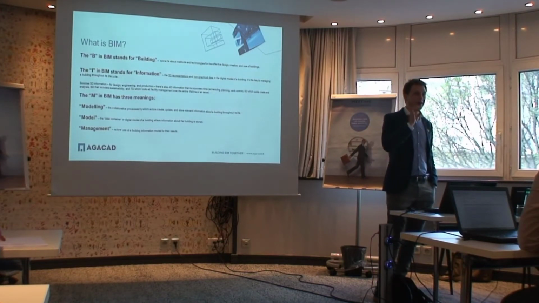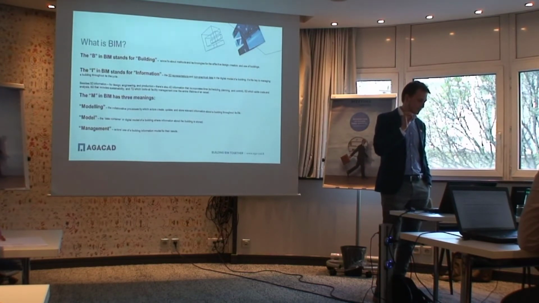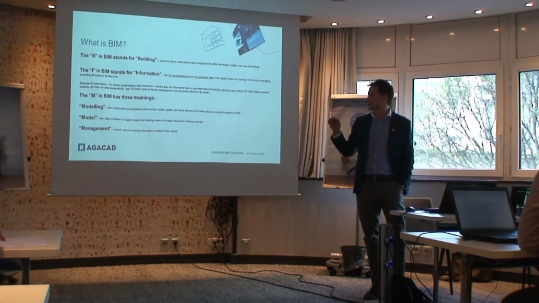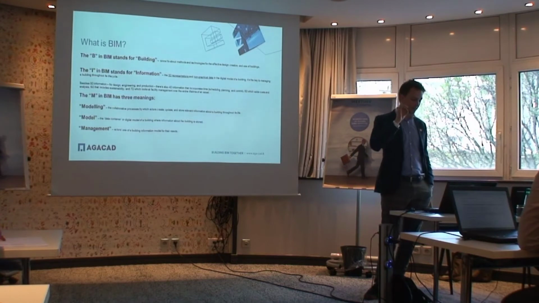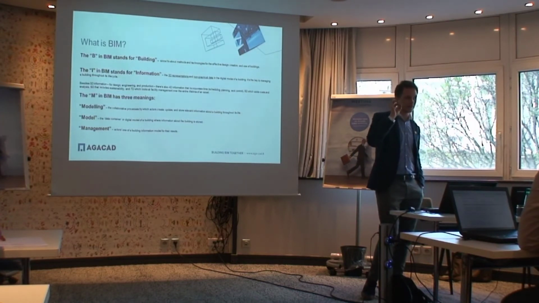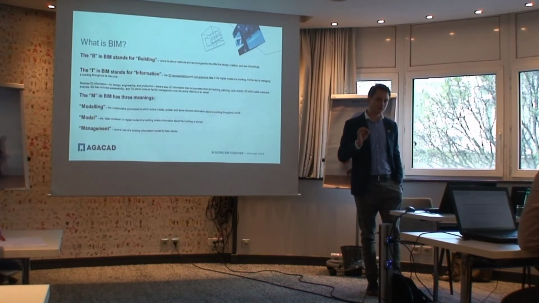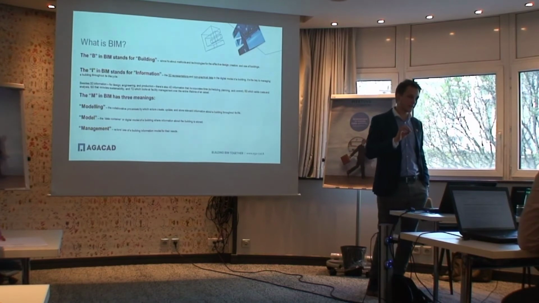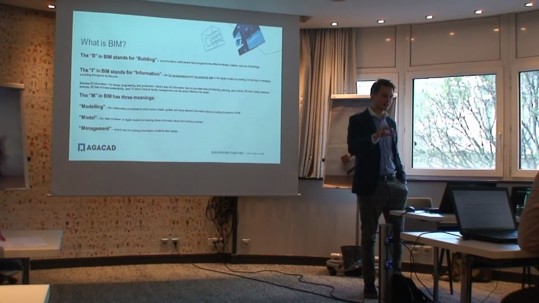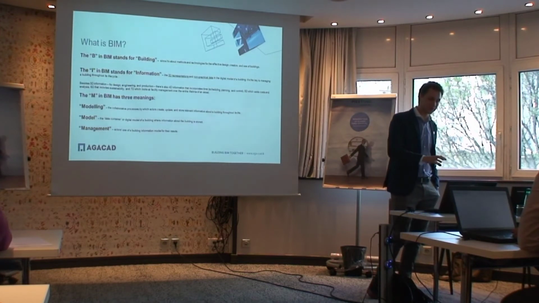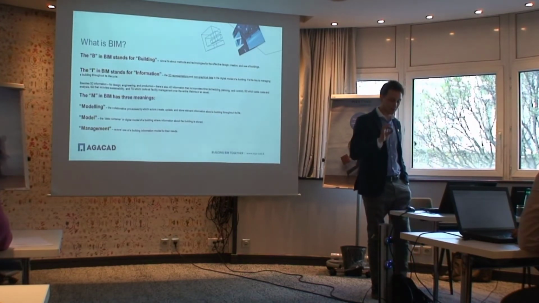For me, the I letter is the key thing in these three letters, because I stands for the information that should be inputted into the models. So we decide what kind of information we want to input into the model. You decide, the designers decide, the builders decide. Everybody is putting their information into the same model.